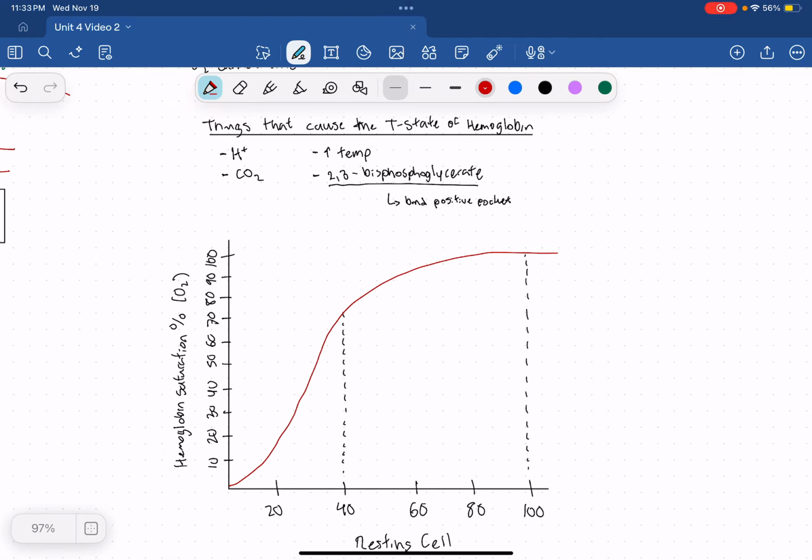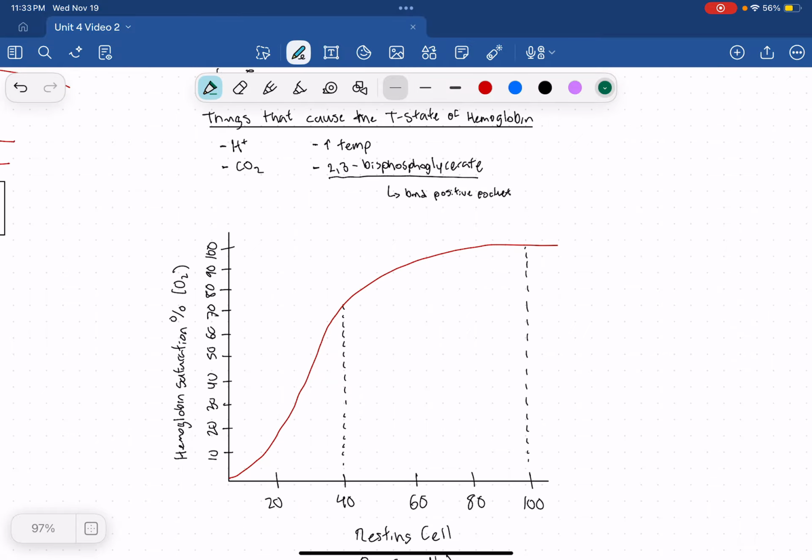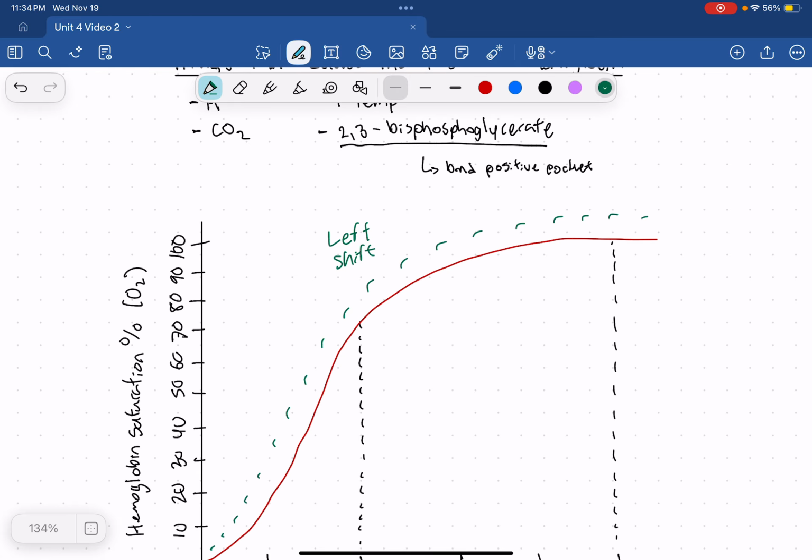As our pressure of oxygen increases, the saturation of hemoglobin with oxygen increases as well, which makes sense, right? That's what normally happens. When hemoglobin is in the R state, this is what we call a left shift of the curve. When we have a left shift of the hemoglobin saturation curve, hemoglobin is in the R state.